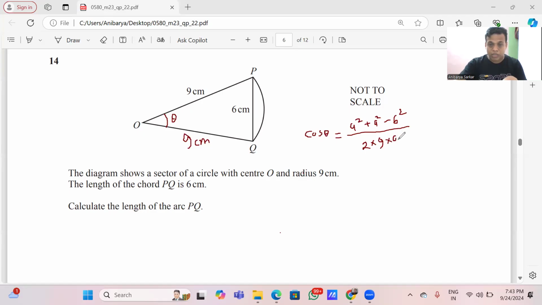Whatever result you get, you find theta. Theta equals cos inverse of the result. So theta equals cos inverse of (9 square plus 9 square minus 6 square) divided by (2 into 9 into 9), because cos theta equals this.